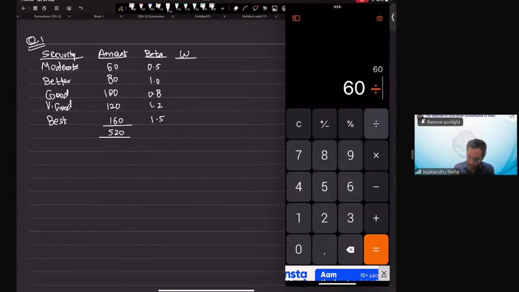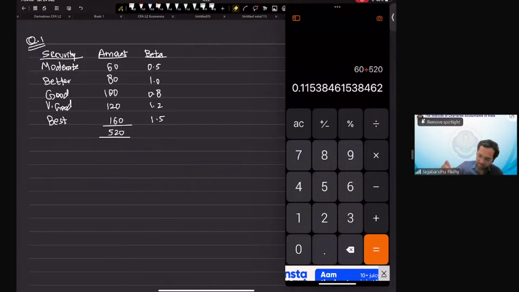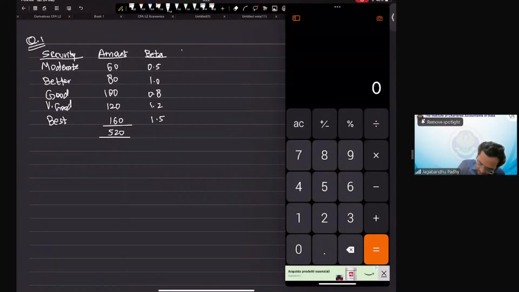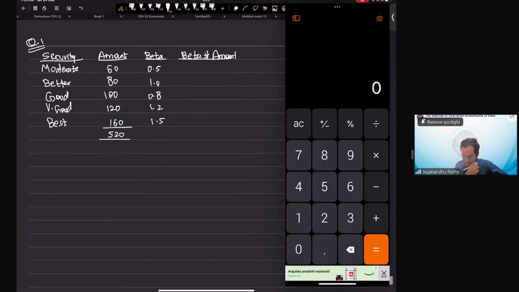Okay, so 60 divided by 520. So weights, or we can actually not work into that weights. We can simply take the weighted average by multiplying beta with the amount. So beta with the amount, 30.